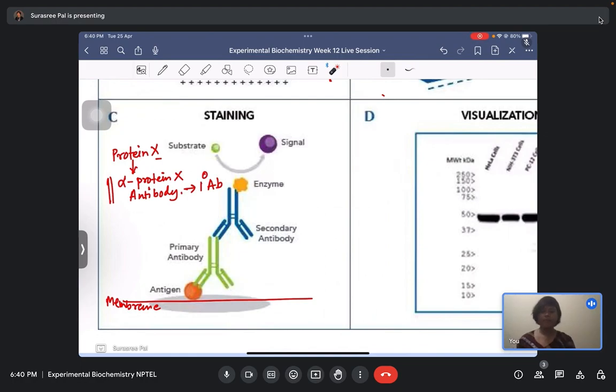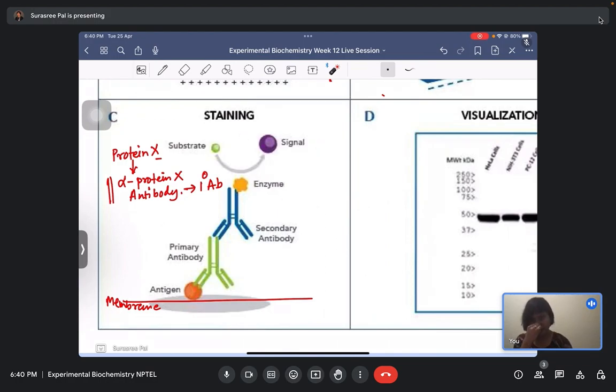This enzyme is either an enzyme which can give a colored product or which can give chemiluminescence. So there are certain enzymes which are conjugated with these secondary antibodies, so that when we treat this membrane with a substrate, if this enzyme is present, then the substrate will be converted to a product by this enzyme, and this product will give a certain signal.